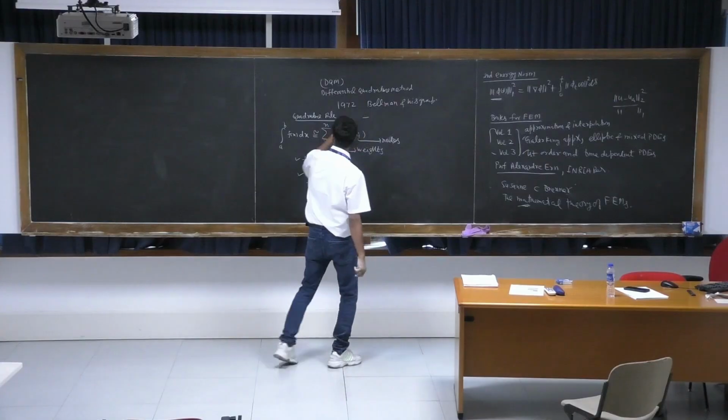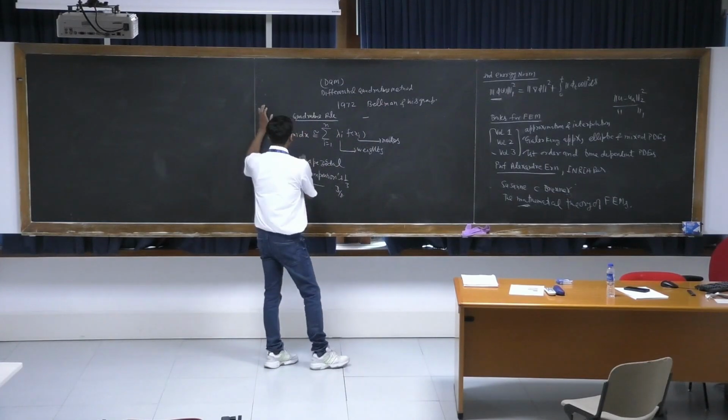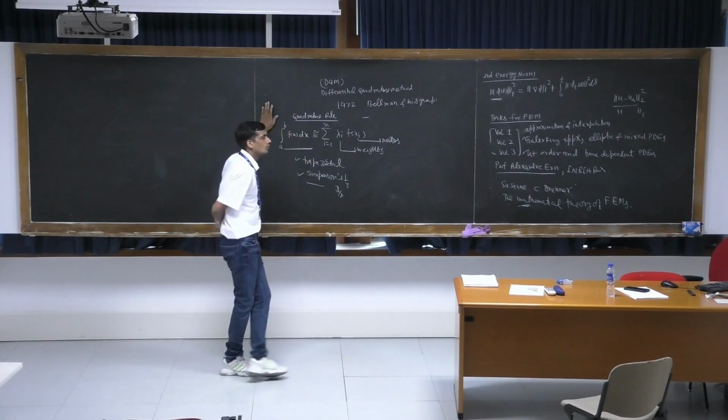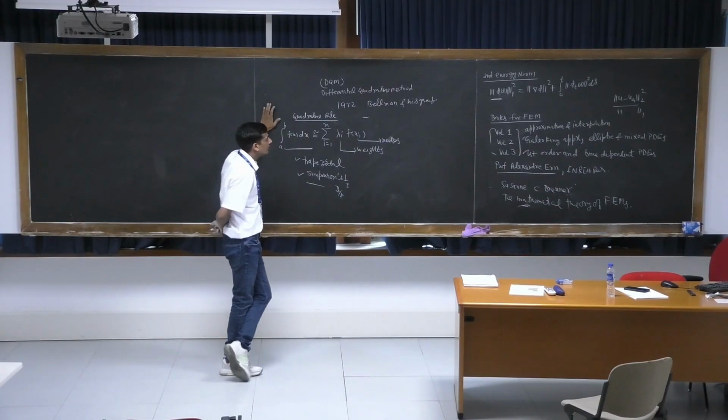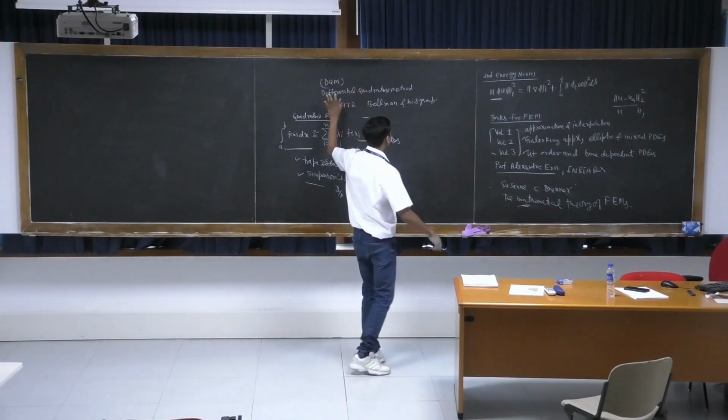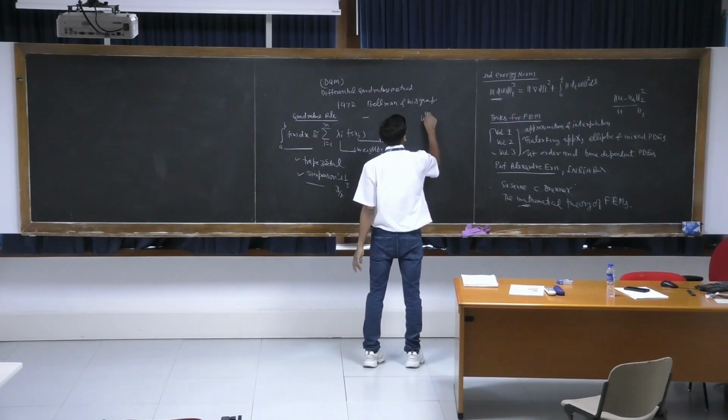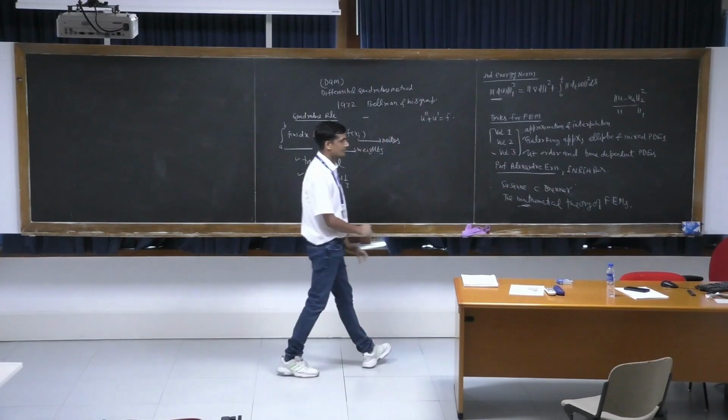So this quadrature comes from here. It was used to find the approximate value of the integral, but this method was used to solve the differential equation. A simple example: suppose we have this differential equation.